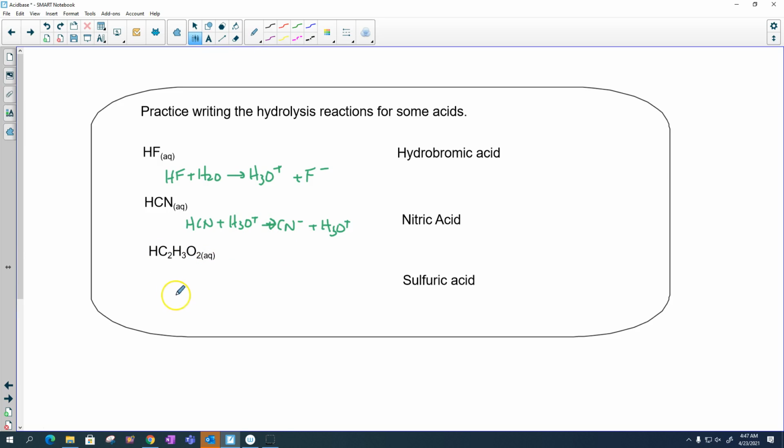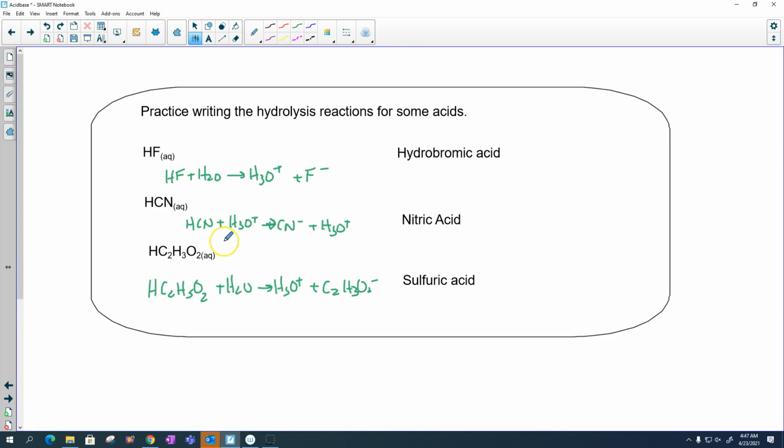Okay, acetic acid is HC2H3O2 plus H2O yields H3O plus and C2H3O2 negative.